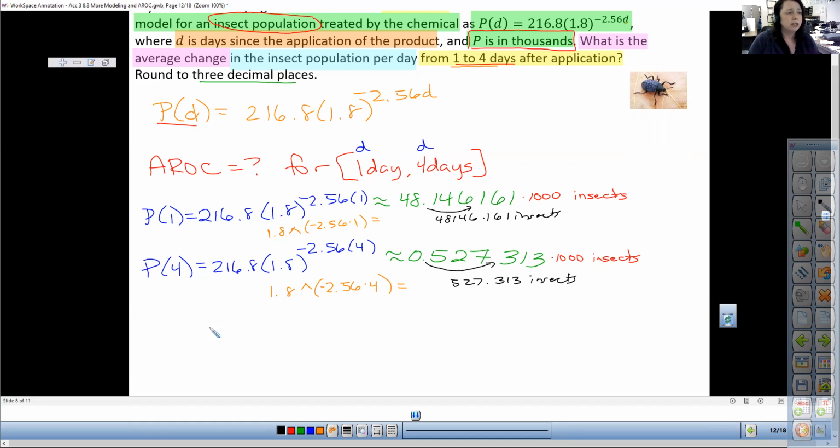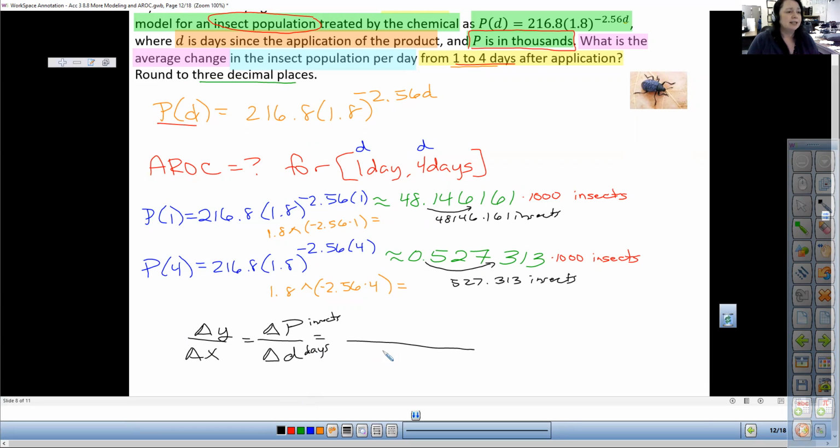So now we're going to set up our average rate of change. Now this is one of those things, remember, this is the change in Y over the change in X. So it's important for you to understand that the change in your P values will be over the change in your D values here. So that's insects over days, because our units are going to be insects per day, and that's what we need to remember too. So I always recommend that you put the units in your math.